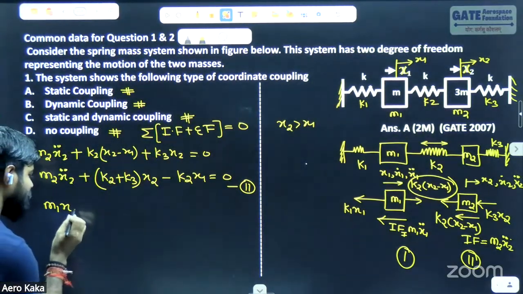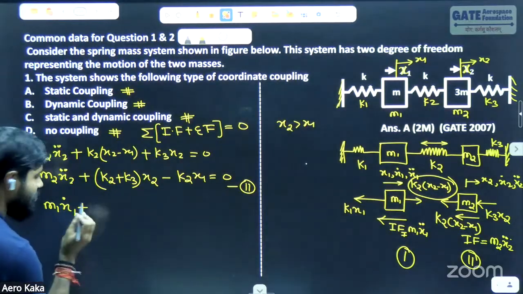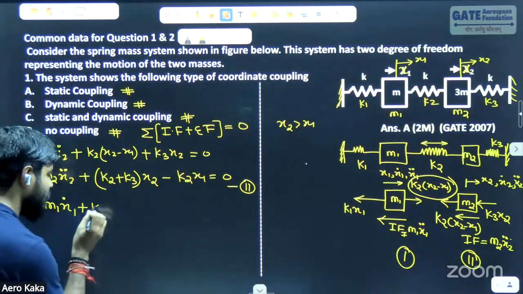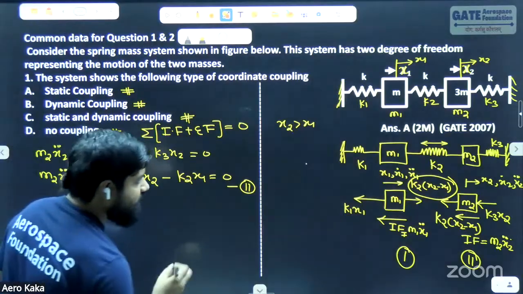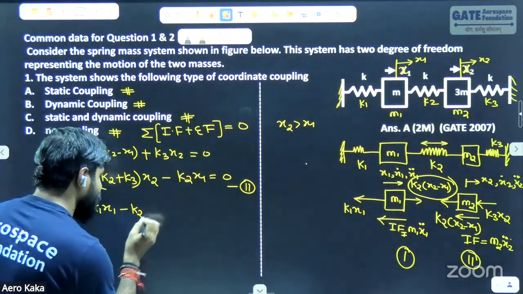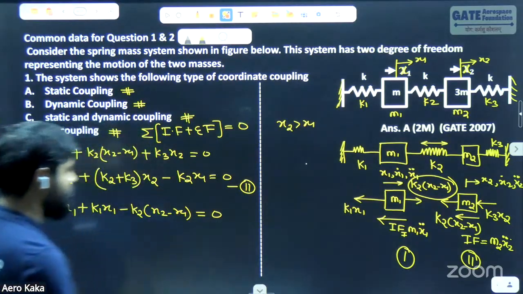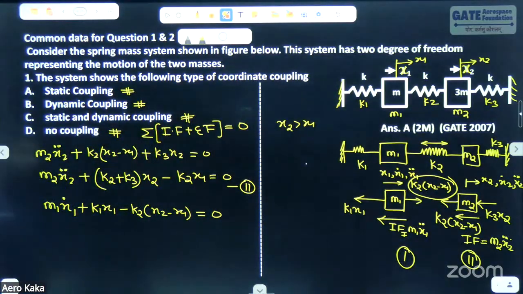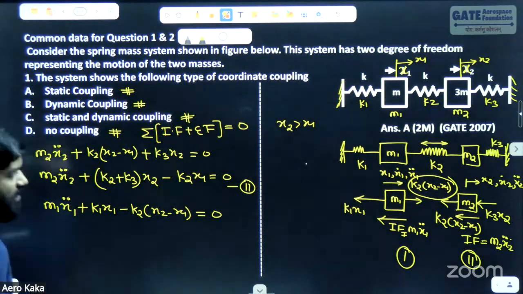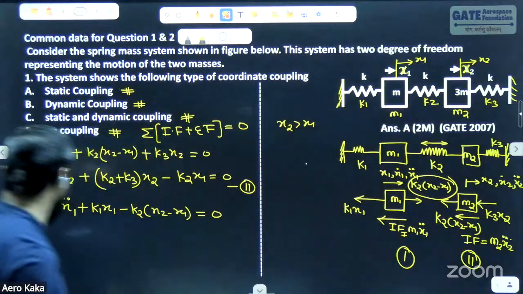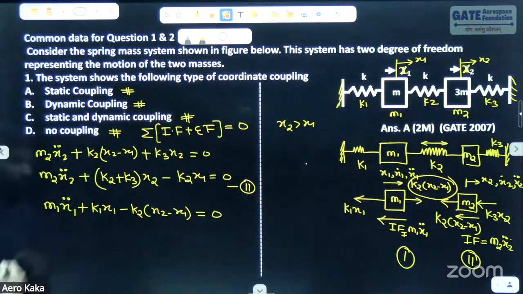For the first mass, I can write m1 x1 dot plus k1 x1 minus k2 (x2 minus x1) is equal to 0. Yes, it should be x1 double dot, I'm extremely sorry. M1 x1 double dot, mass into acceleration.